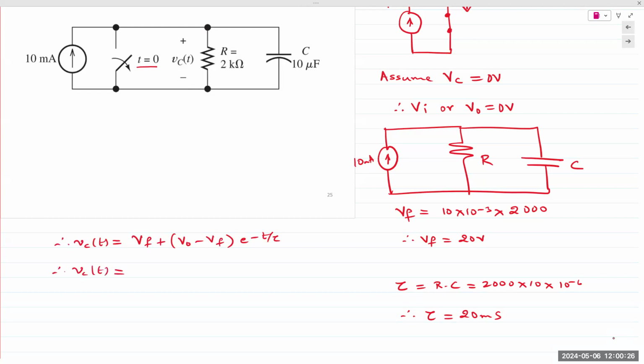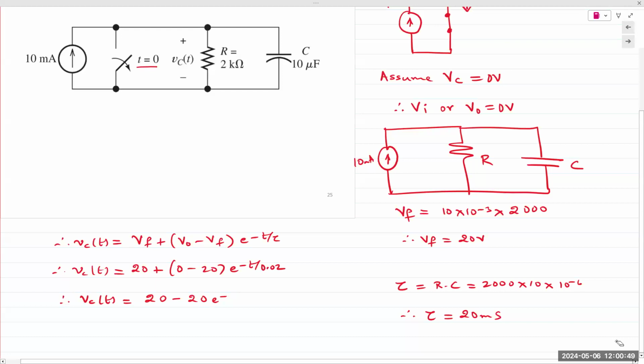Plug in all the known values and reduce. 20 minus 20 times e raised to minus 50t volts. This expression is valid for all time values t greater than or equal to 0.